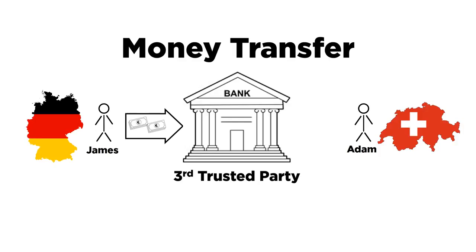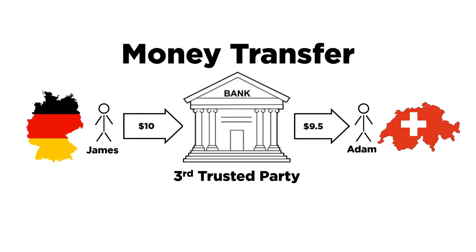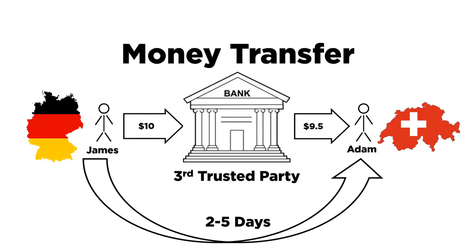The bank identifies Adam as the intended receiver of the money through his bank account, and the money is transferred from James' bank account to Adam's. And for providing this service, the bank charges a fee. This process normally takes 2 to 5 days, depending on several factors.